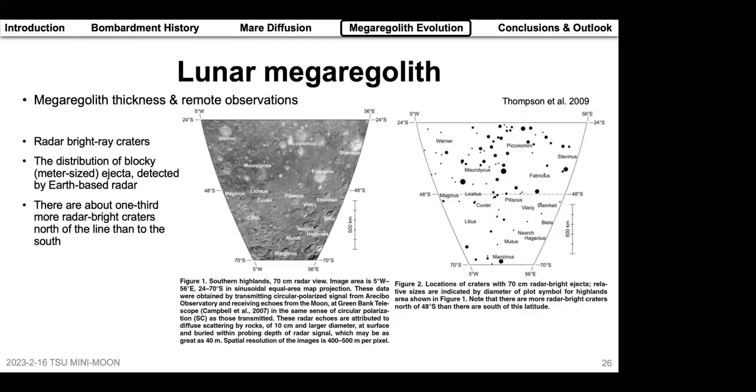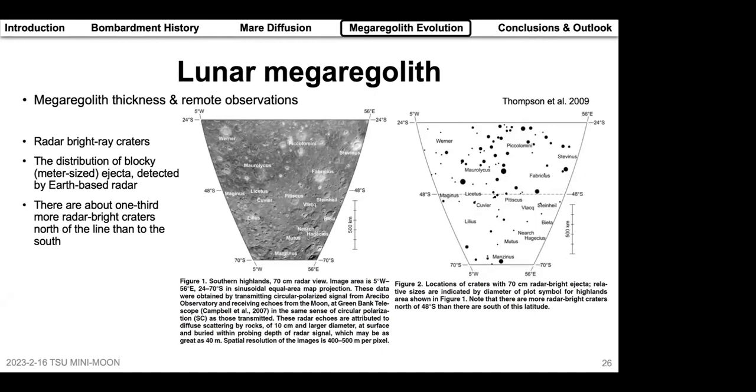The bright ray craters are shown in the figure on the left-hand side. This bright crater results from the excavation of large boulders and fragments distributed near the crater and inside the crater.